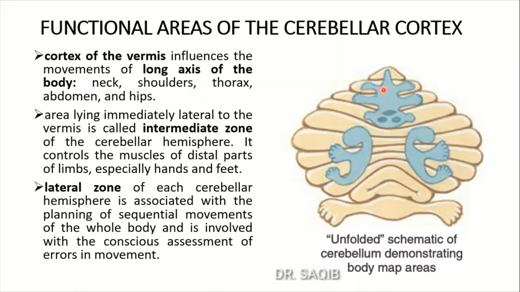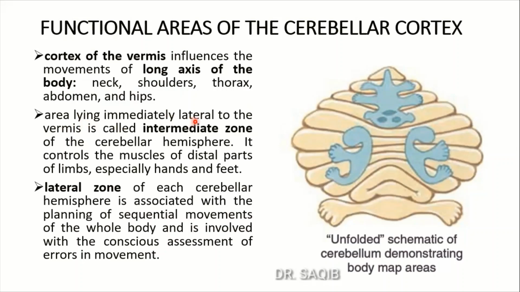Here is the long axis of the body. Yes, here it is involved. This is a schematic representation, an unfolded schematic of the cerebellum demonstrating body map areas. So it influences the movements of the long axis of the body: neck, shoulders, thorax, abdomen, and hips. You can see all these areas over here.